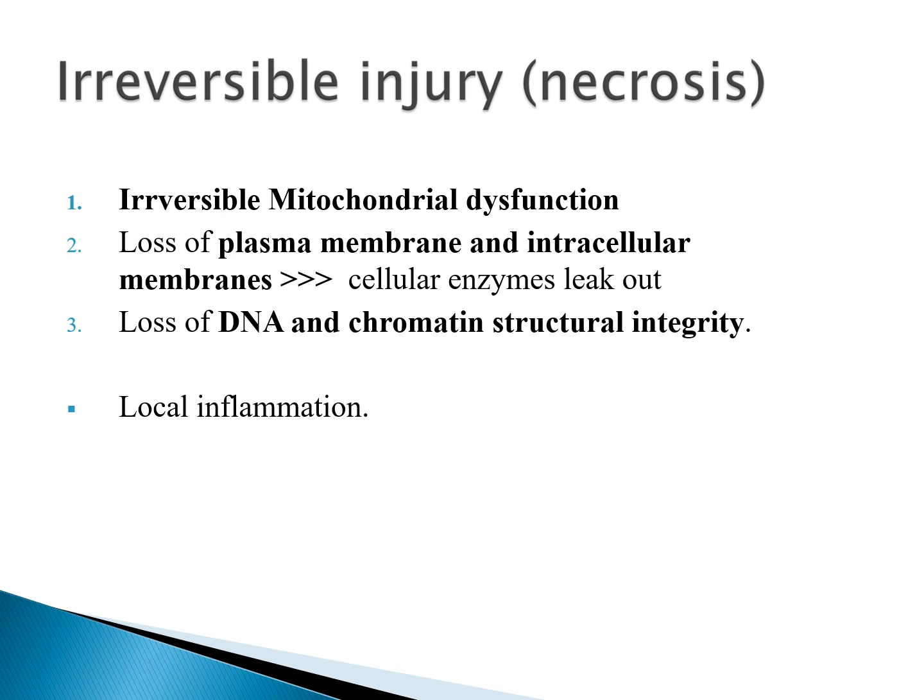The main characteristic feature of necrosis at the ultrastructural level is irreversible mitochondrial dysfunction. This feature characterizes the irreversible injury because the mitochondria is the main energy factory of the cell. So when we cannot restore the mitochondrial function back to normal, the cell is considered dead.